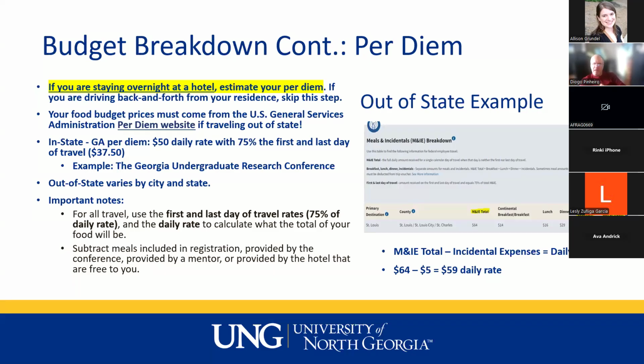Once again, first and last day is 75% of the daily rate. If the conference is going to be providing you with a particular meal, you subtract that meal from the per diem for that day, right?